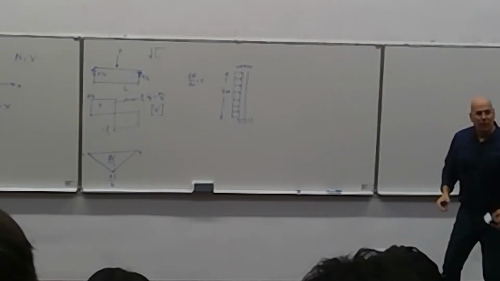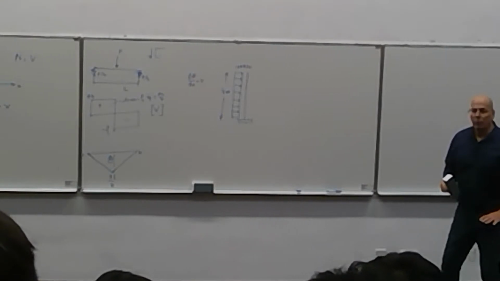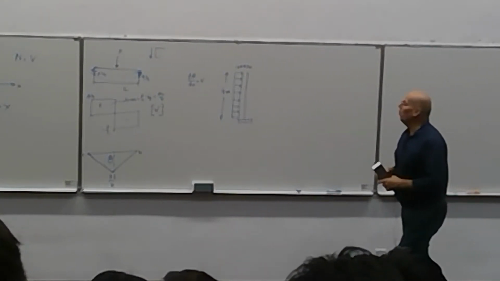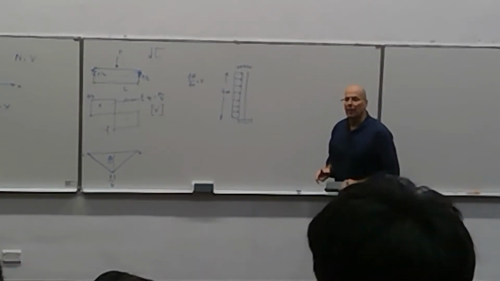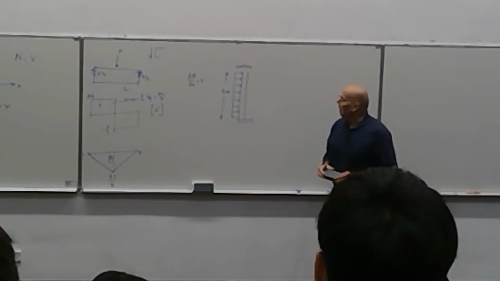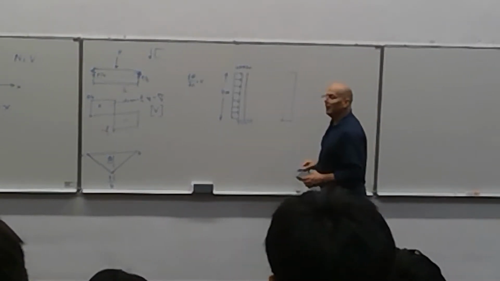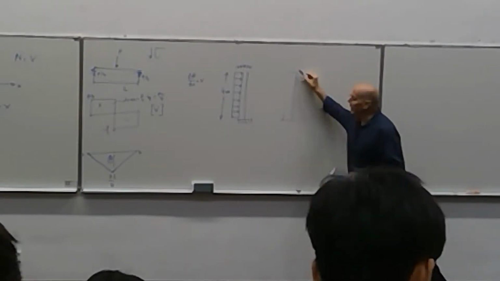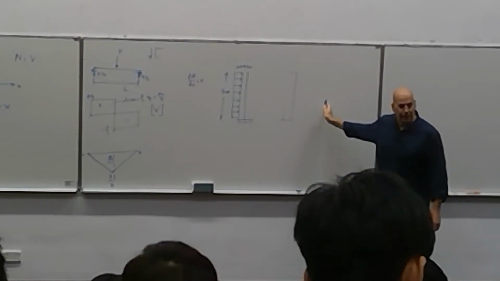Okay. Now, let's try to solve this problem to find, first of all, just tell me which is the side which is under tension, the left or the right? I mean, if this is a beam, right, this column, with this wind, which is the side under tension, this side or this side?